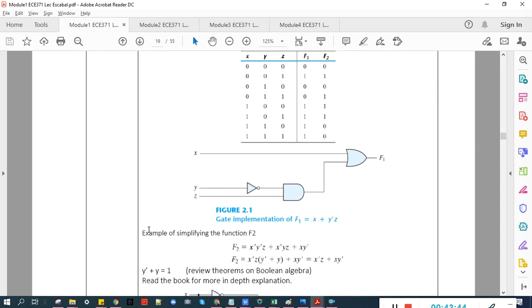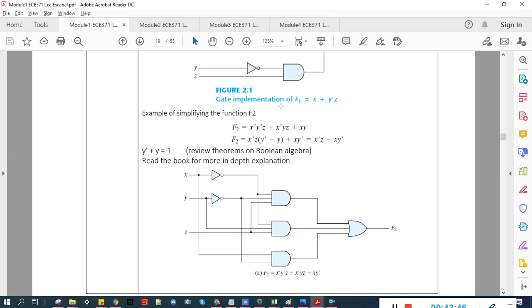So let's try simplifying f2. We are now capable of simplifying Boolean functions because we have already tackled the theorems and postulates in Boolean algebra. So we should be able to simplify this Boolean function f2.